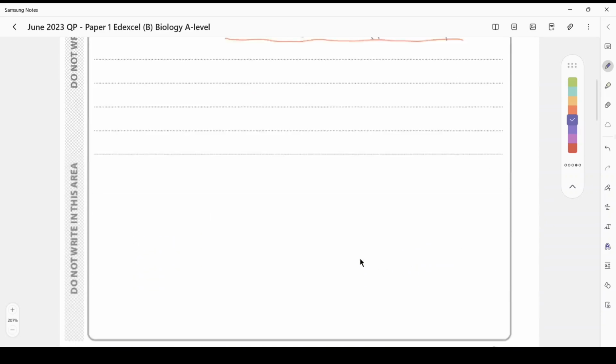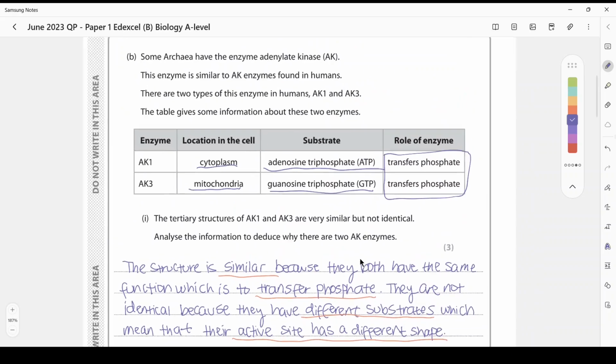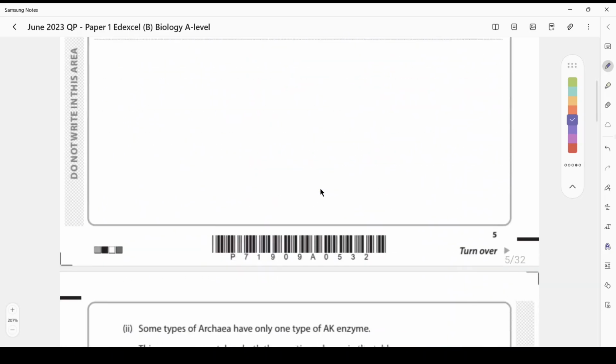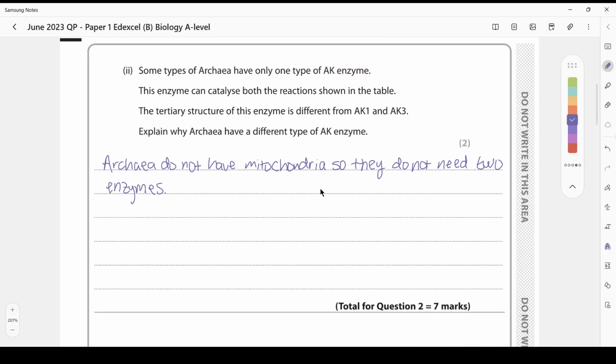Another thing is Archaea needs to be able to have these two different substrates fit into its active site. So that's why the structure would be a little bit different.